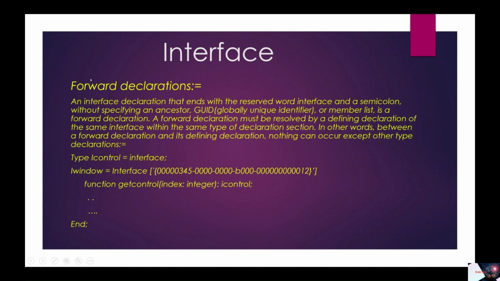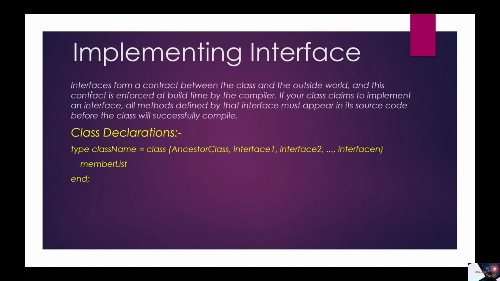We are not writing any methods of this interface IControl, but later we will write the methods after the IWindows interface. But the IControl interface reference we are using in IWindows. So before the actual declaration of the interface, if we want to use that interface in some other interface, this is called forward declaration.